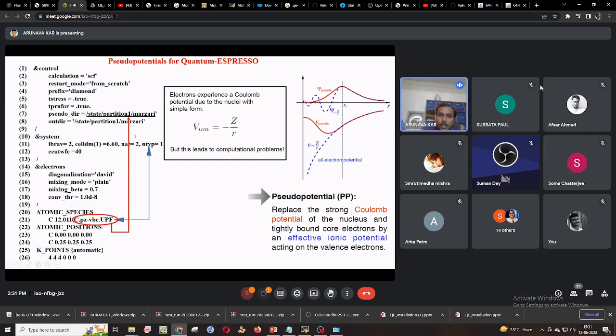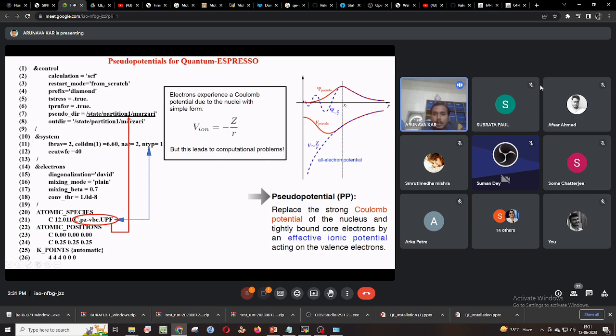Otherwise, the calculation will not run. And how many pseudopotentials do you need to put? Because you have one type of atom, you need to put one type of pseudopotential in this pseudo directory. If your system has two or three different kinds of atoms, you need to put two or three different pseudopotentials in this directory.